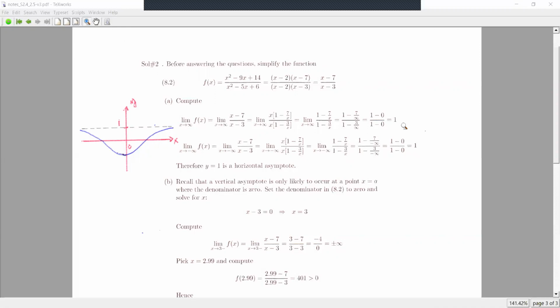Therefore, 1 is a horizontal asymptote. Similarly, we can determine the limit at negative infinity. It is also 1. So the function in this example has 1 horizontal asymptote. The equation of the horizontal asymptote is y equals 1.